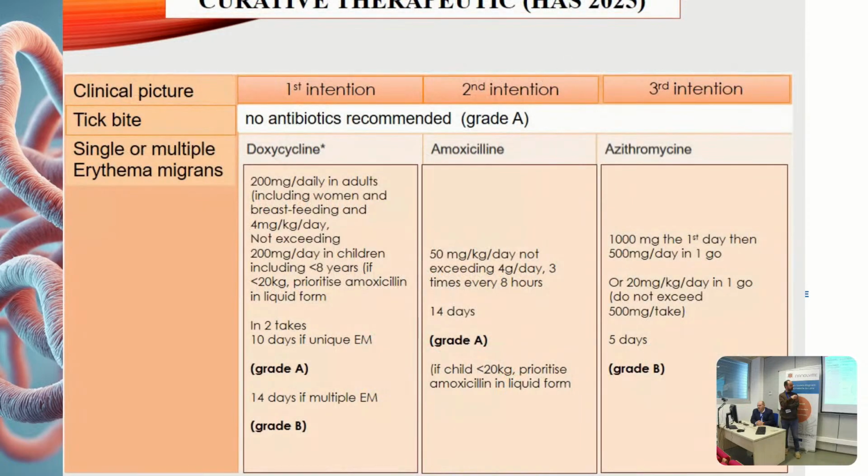For the treatment, the treatment is about 10 days, and we can have 4 weeks of treatment, but no more, depending on the lesion, the organ lesion.